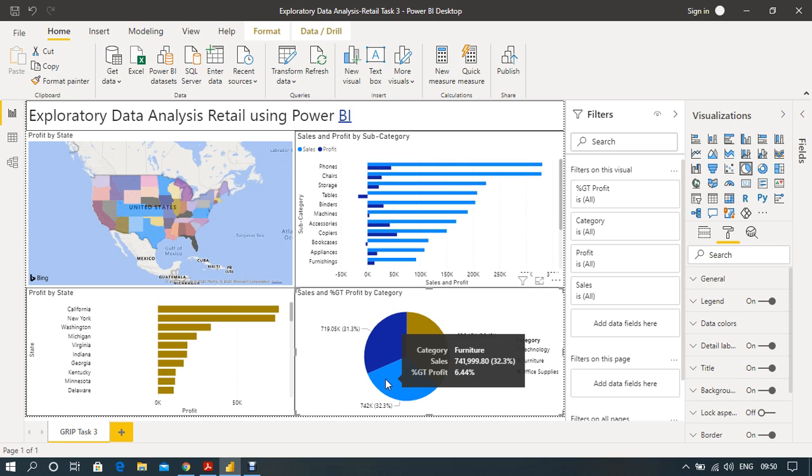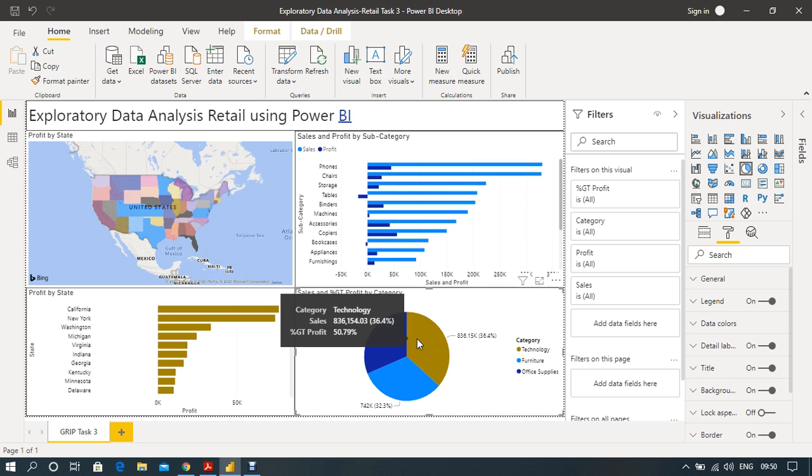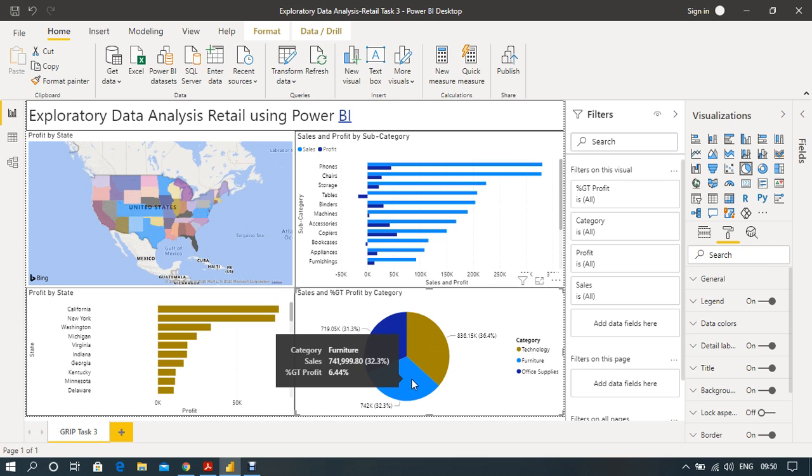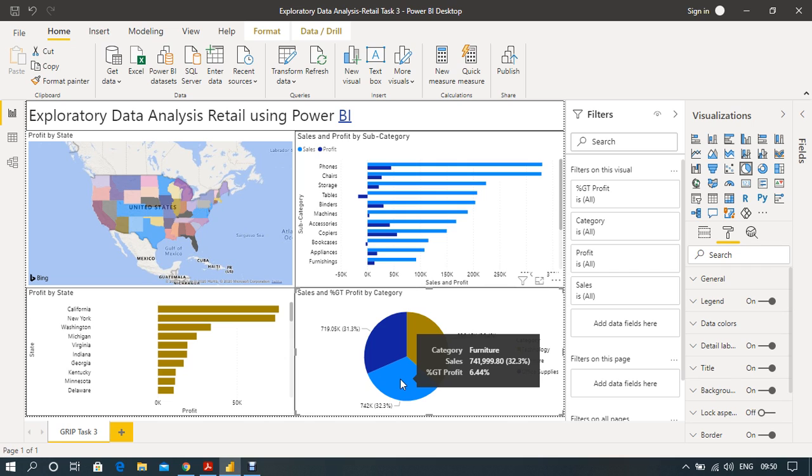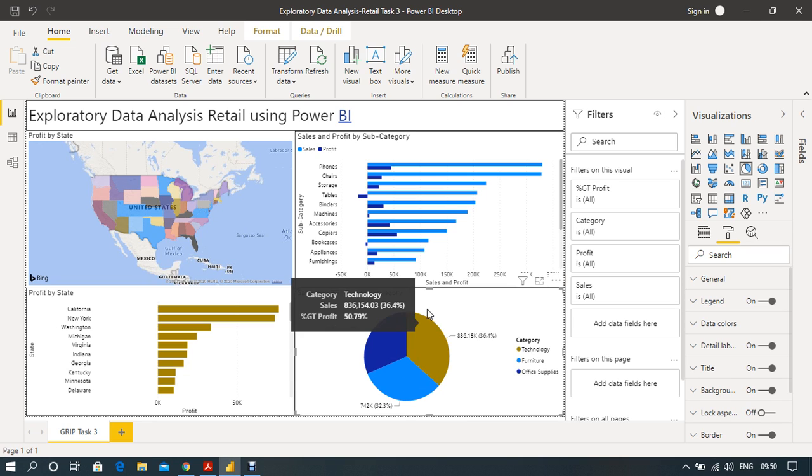And in furniture, sales is more than office supplies, but you can see the lowest profit, only 6.4% profit they are contributing.